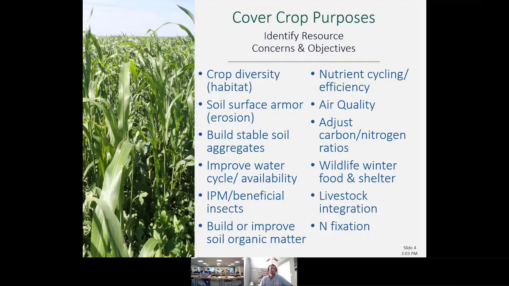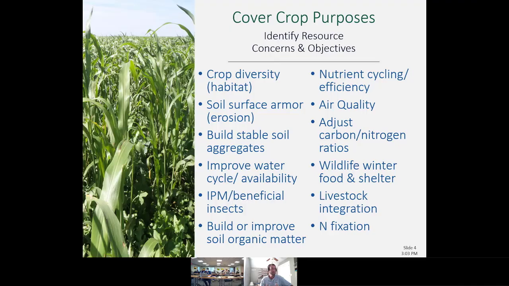And if you think about it, let's just say fence, or let's say pipeline or watering facility, or maybe even a terrace, those are things that are singularly focused on what kind of resource concern they're going to address and what kind of benefit you may get from that. But when we think of a conservation practice like cover crop, the list here is a pretty extensive list, but there could even be additional things that could be identified where cover crop could provide some definite benefits.